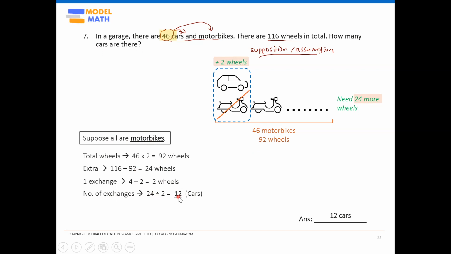Then your number of exchanges will lead you to getting the number of motorbikes. That will be fine as well, just that you have to do one more step. You have to take your 46 minus your motorbikes to get your car's answer. So that works as well. But of course, generally, we try to remember this: suppose the other item instead of what the question wants. All right.